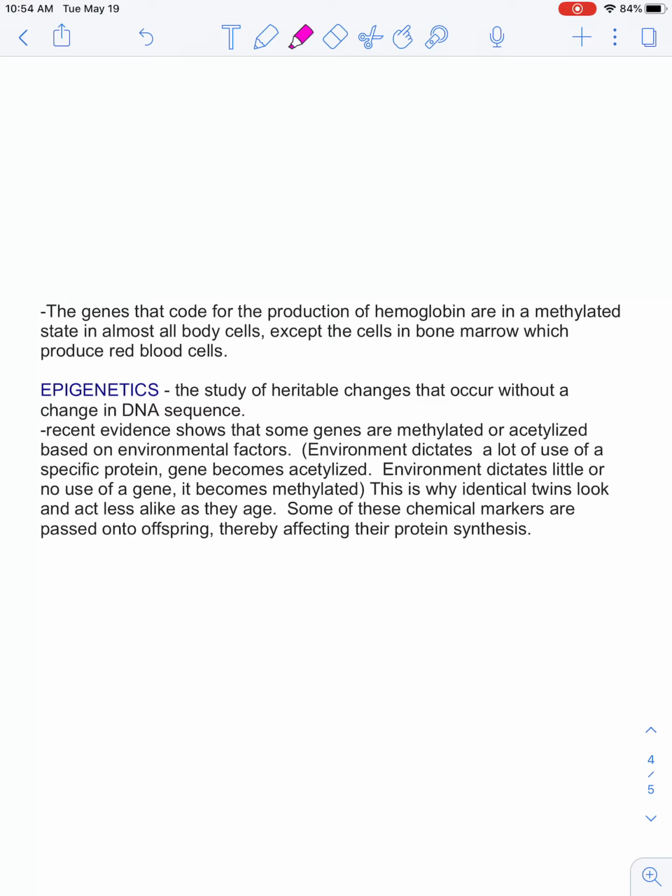And what we're finding is that they're actually not, for certain genes. So you can actually affect your own children's genetic expression through what you do to yourself in your lifetime. So that is the study of epigenetics, and you just want to take down what epigenetics is. Really, really interesting stuff, and very complex, but it's opening up a whole new world of genetics to study.